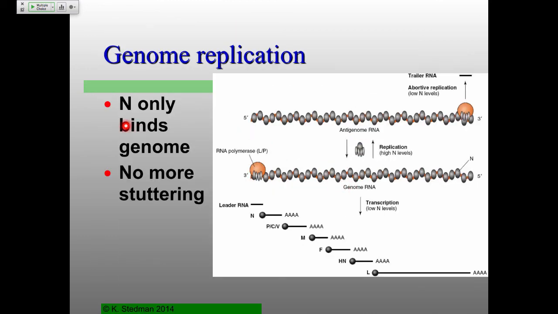It's all about the concentration of the N protein, and particularly any unbound N proteins. If you've got extra N protein, that means you've made enough of the protein so that you can make genome, and that genome can then end up being packaged. Presence of the N protein also stops stuttering. It stops this stopping-starting process as it's moving through.